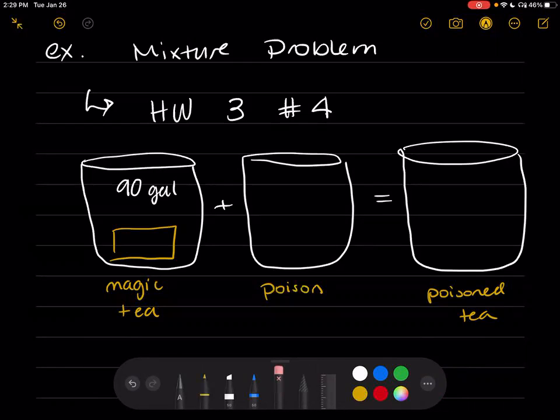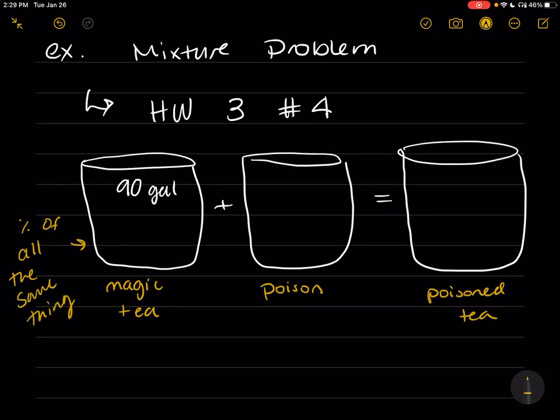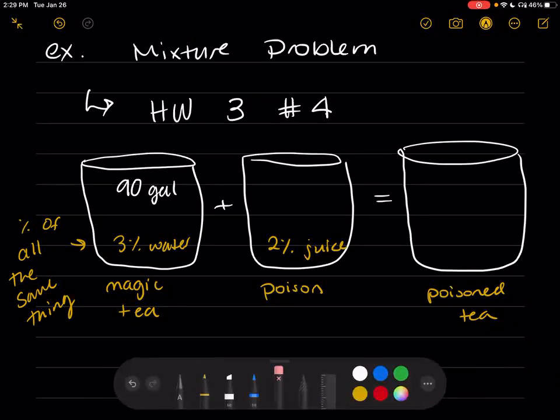You have to remember that when you are looking at the percentages on the bottom part of these buckets, you want them to be percent of all the same thing. What I mean by that is you don't want to put 3% water and 2% juice. They need to either be both water or both juice. Otherwise, the problem setup doesn't work.